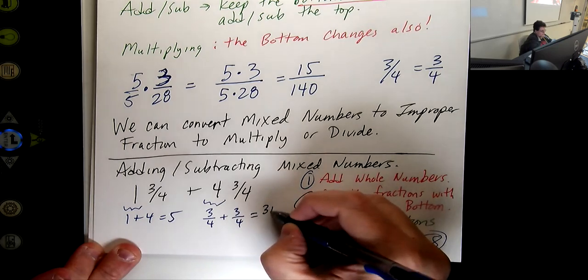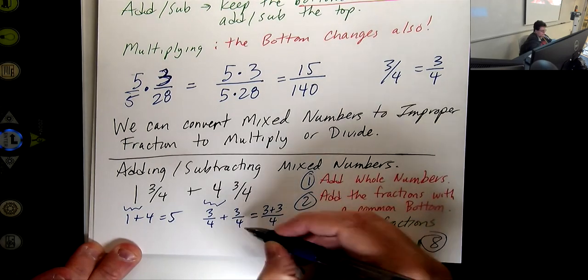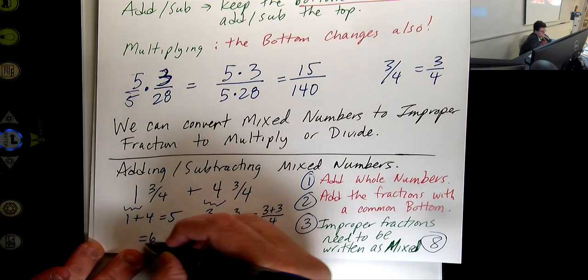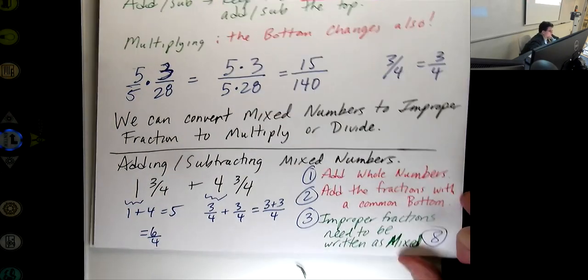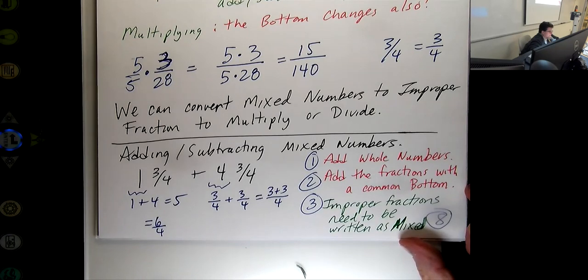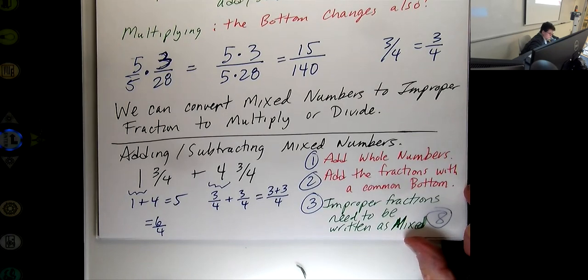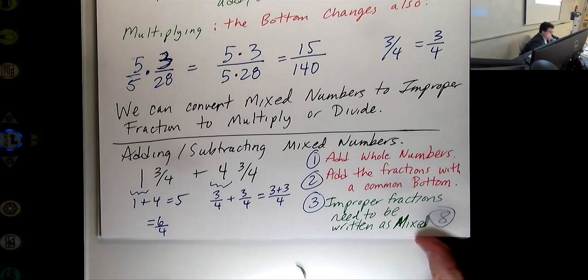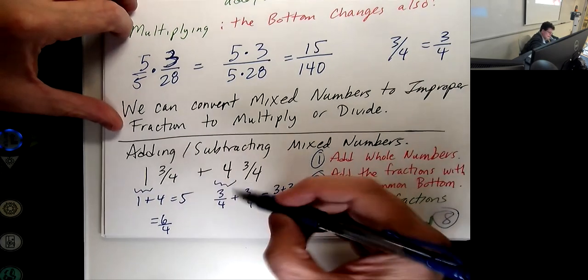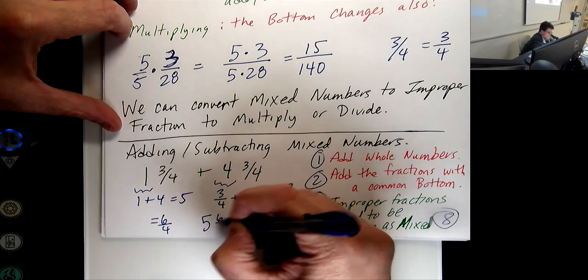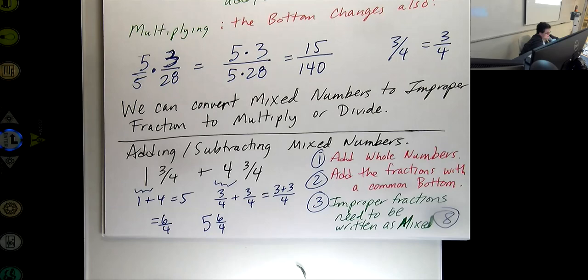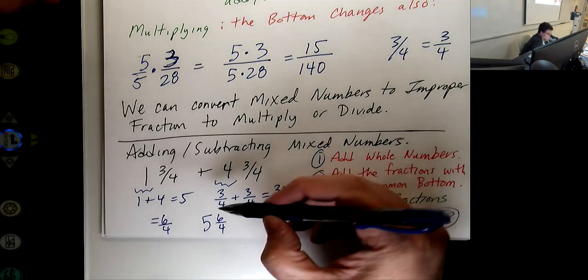This is 3 plus 3/4, which is 6/4, right? So right now I've got 5 and 6/4. But no one would ever say 5 and 6/4. This sounds silly, because it's a mixed number and it's improper.